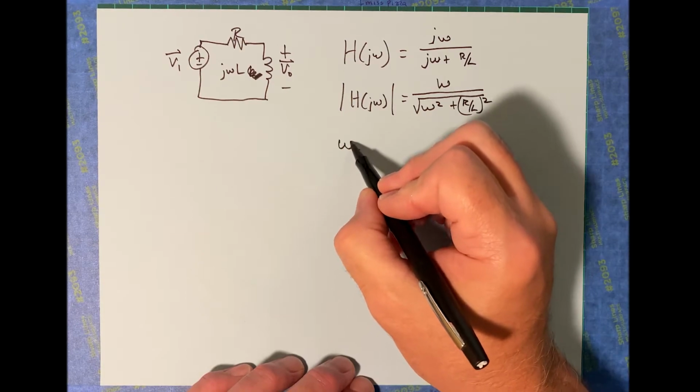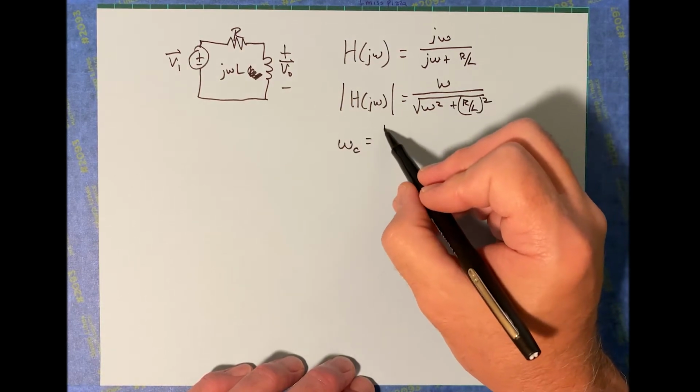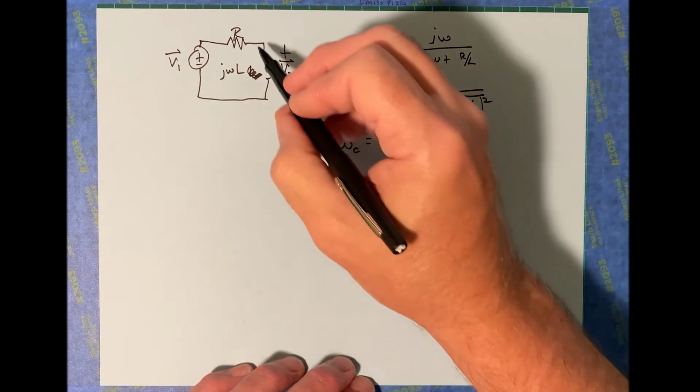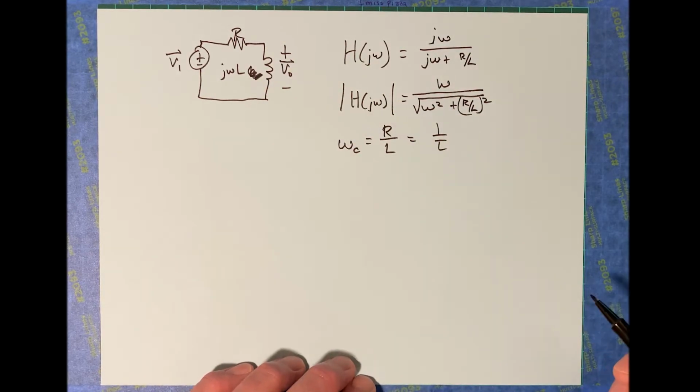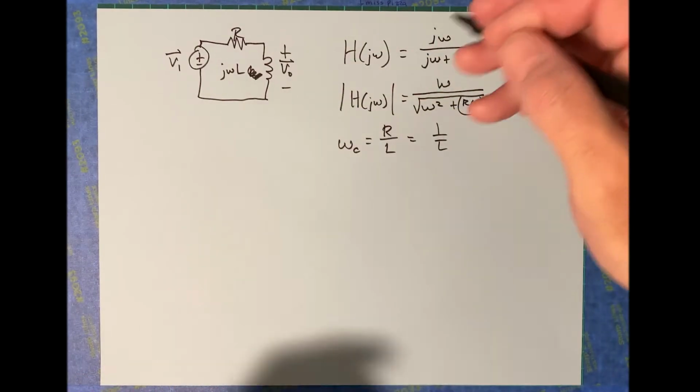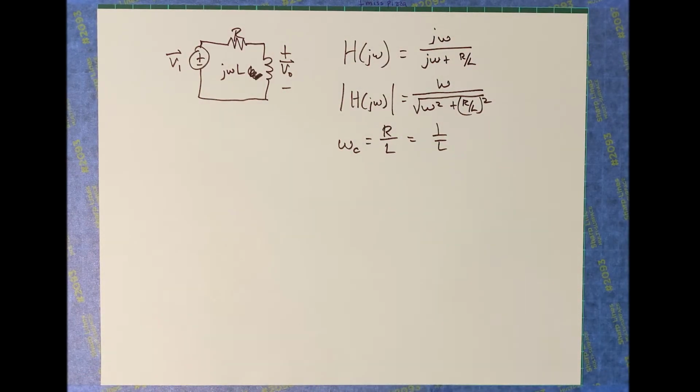Okay, and the cutoff frequency, what's it going to be? Which is the same thing as 1 over tau for an RL. Okay, so everything looks very much the same for those filters. So you can see that whether something is a high pass or a low pass depends upon what component you're measuring your output across.